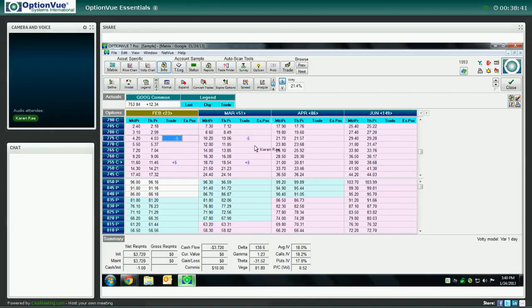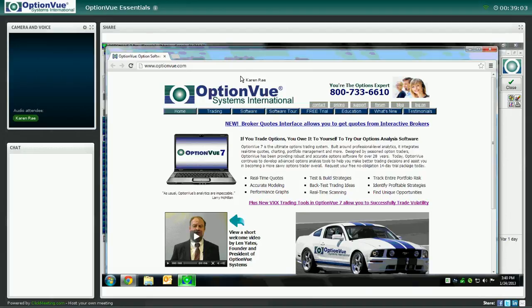So after you're done setting that up and you actually want to make a trade, first of all, into OptionVue's record keeper, you could hit the Convert Trades button here, and it would go into the actual T-log of OptionVue. Now, if you wanted to hit the trade button first and have it go out to Options Express, for example, if we had that set up, I have it set up for OptionVue.com.